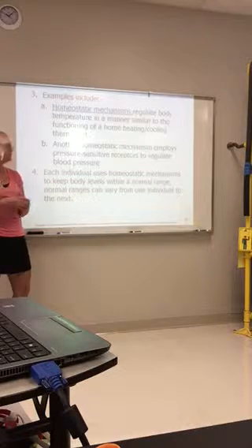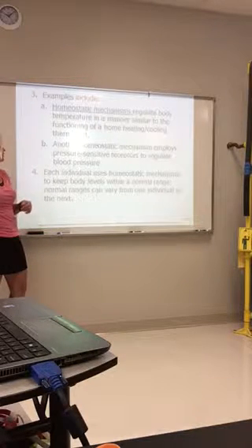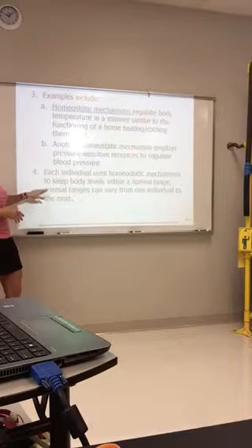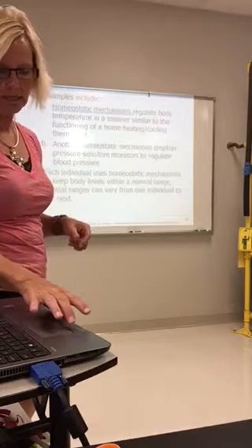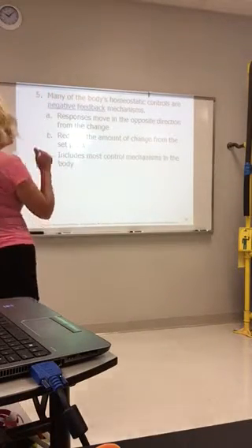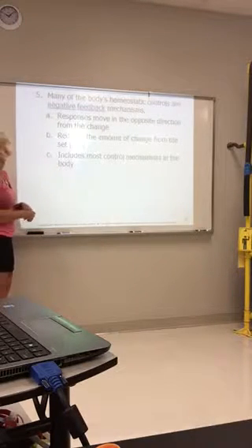It's going to fluctuate a little bit, but you don't want it out of that normal range. And normal ranges can vary from one individual to the next. Like I said, my average body temperature is lower than average, but it's not that far off.